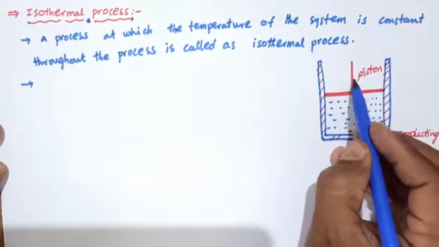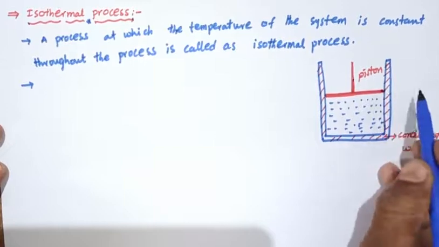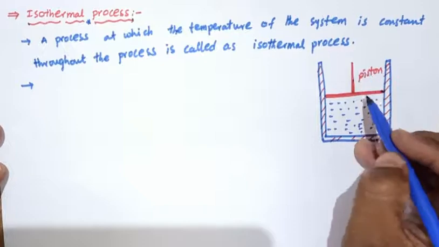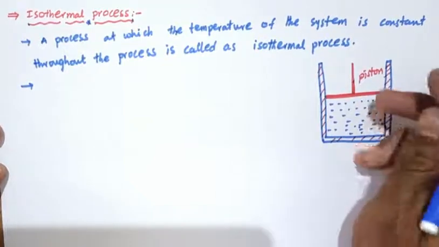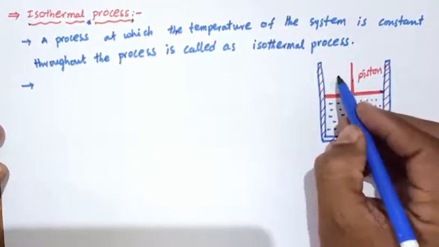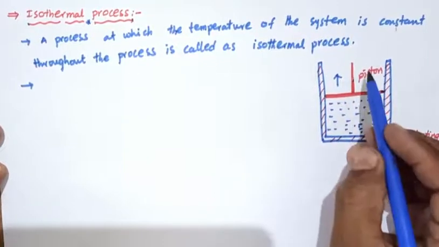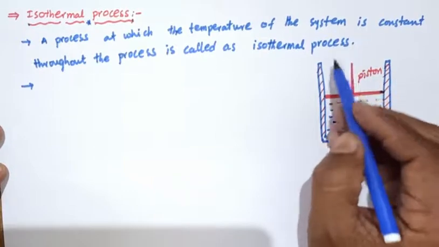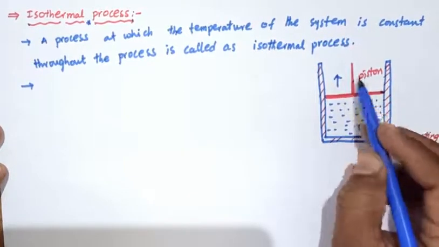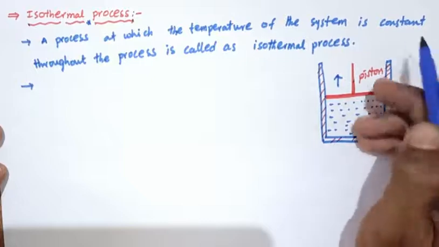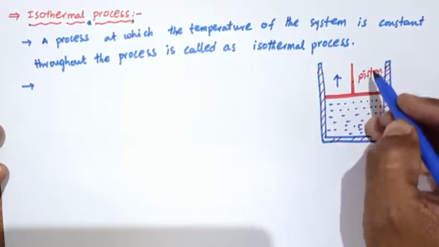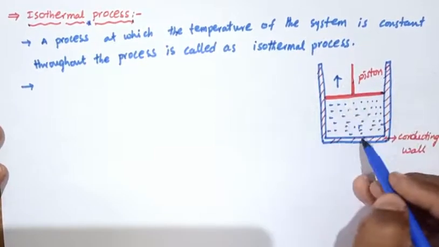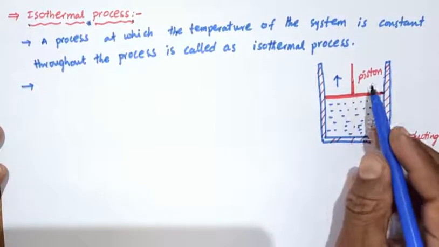Okay, so here at constant temperature, the pressure increases. When the piston is moving upward, volume increases and pressure decreases. When the piston moves downward, volume decreases and pressure increases.